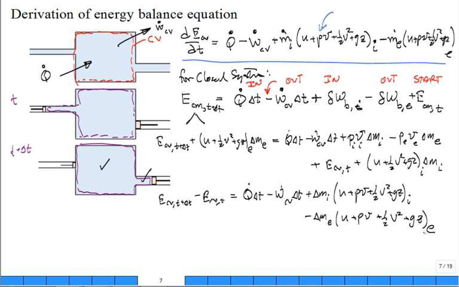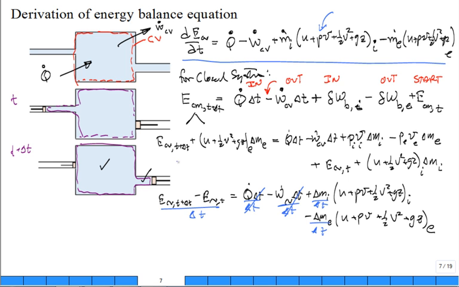Next step, divide everything by delta t. Let's cancel. You're back to a rate for the heat transfer, a rate for that shaft work power.